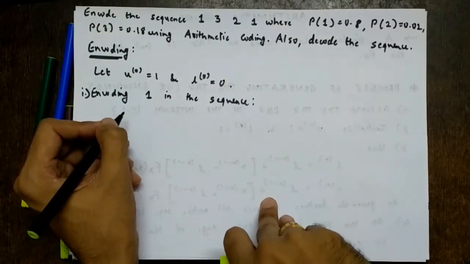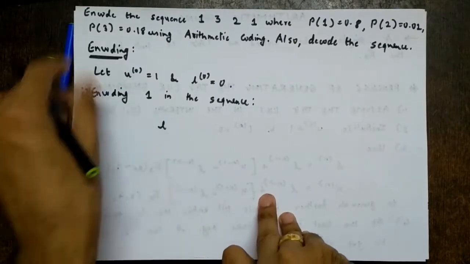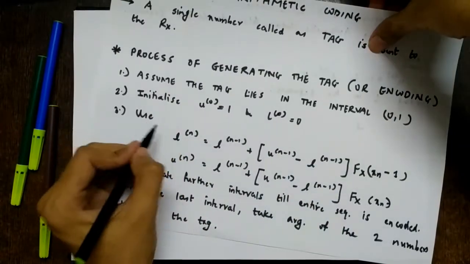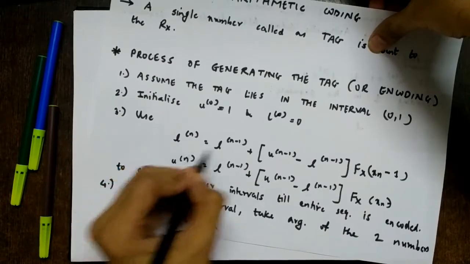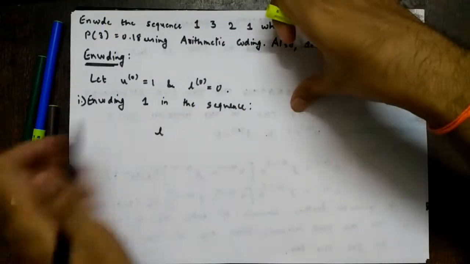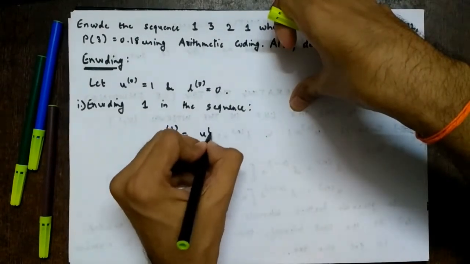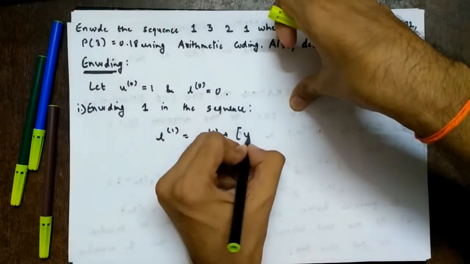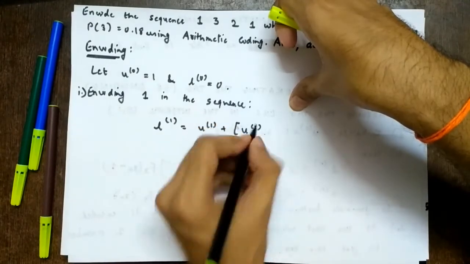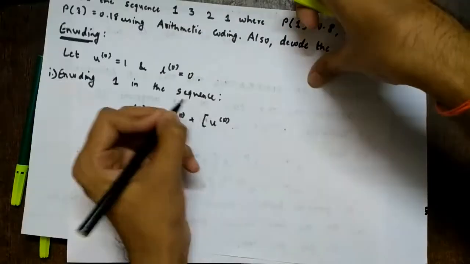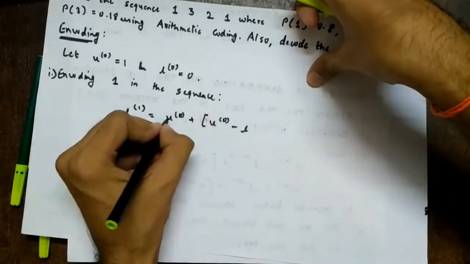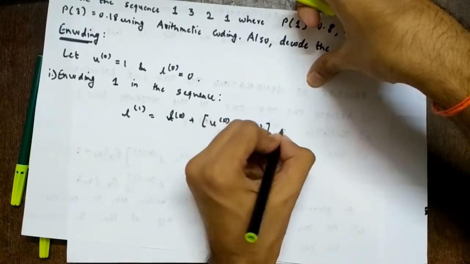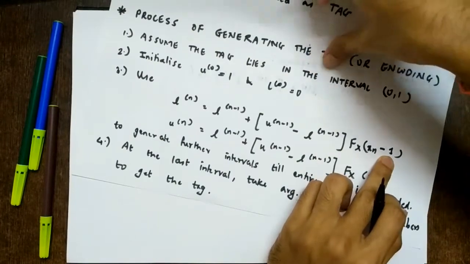So what do we do? We use the formulas. Now n equal to 1, so L of 1 and U of 1. I am writing this formula: L of 1 equal to L of 0 plus (U of 0 minus L of 0) into Fx of x1 minus 1.